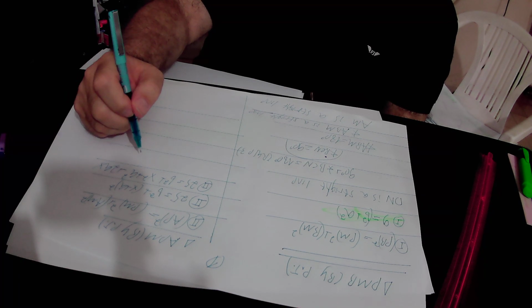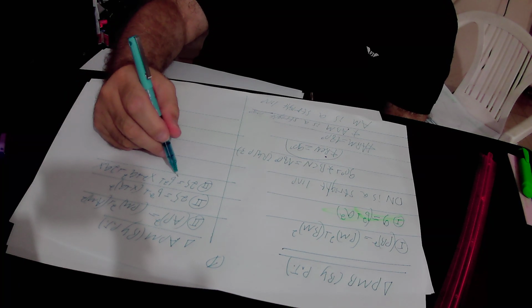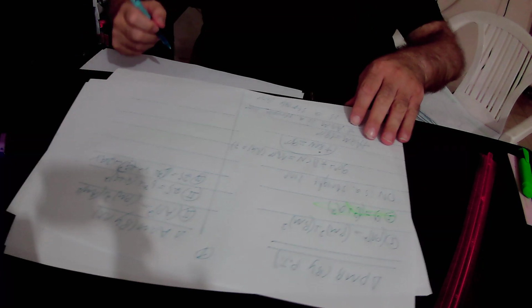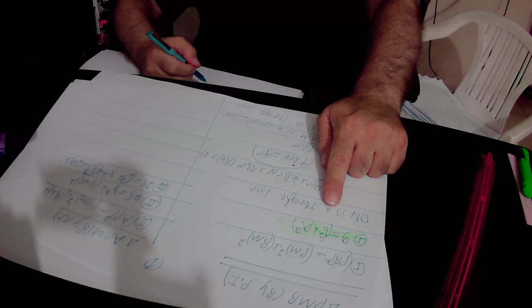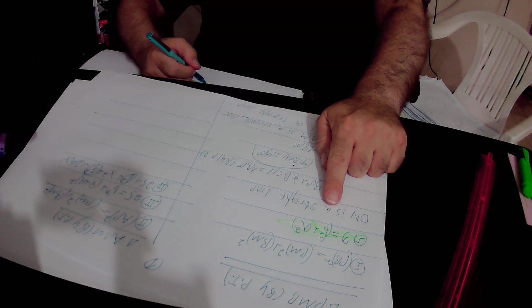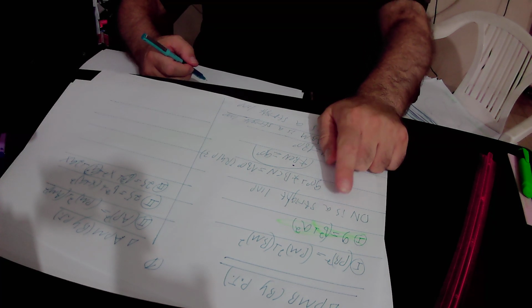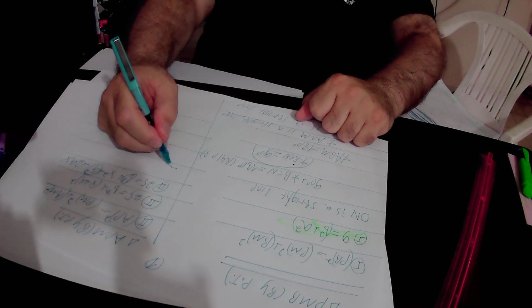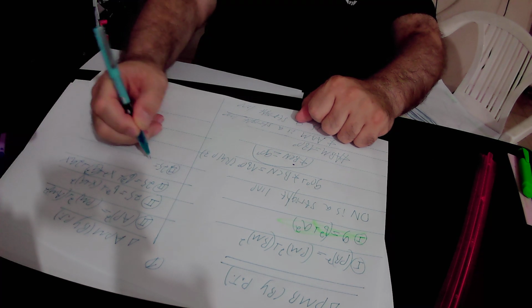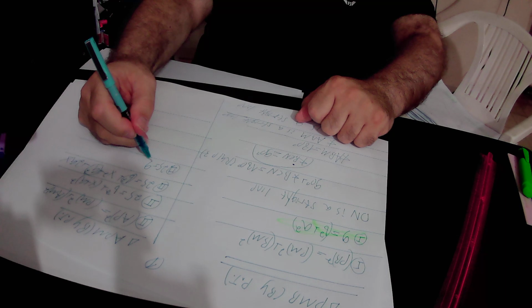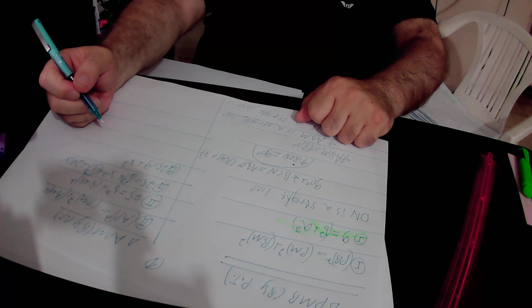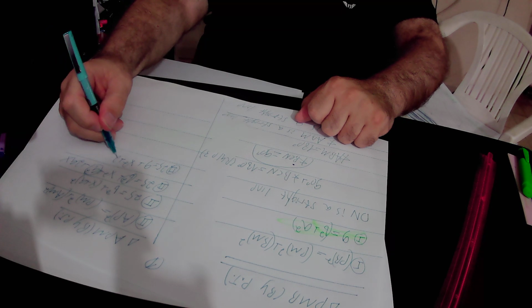In this equation we have B squared plus A squared, and we have already found out that B squared plus A squared, according to equation number 1, equals 9, therefore we substitute B squared plus A squared by 9, and we get that 25 equals 9 plus X squared plus 2AX.